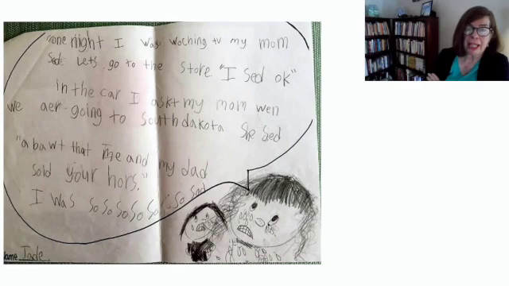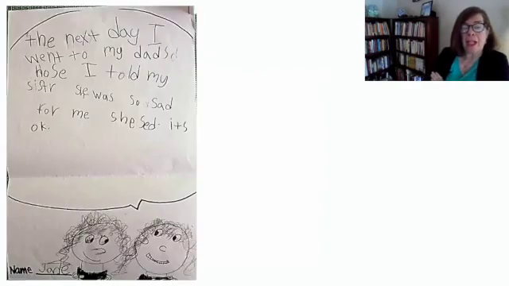So her second writing was again imagining telling somebody this story and talking about the empathy that was given to her as a result of telling this story. "The next day, I went to my dad's house. I told my sister.